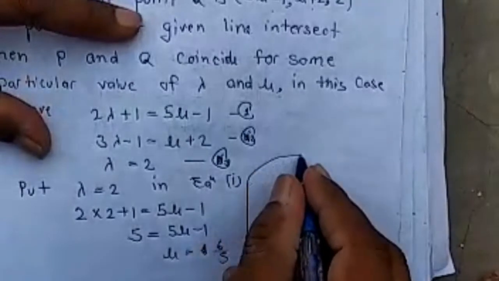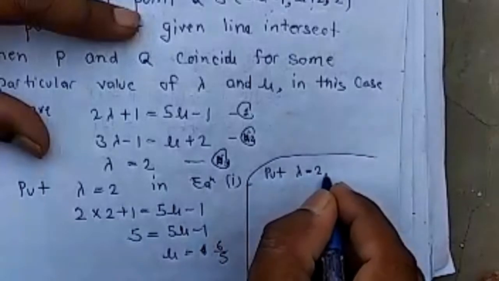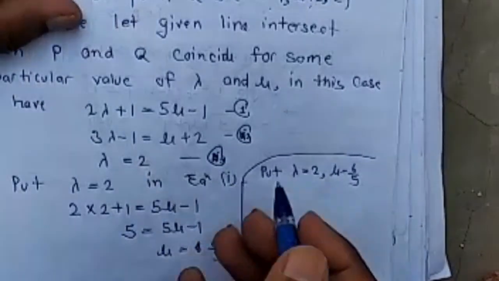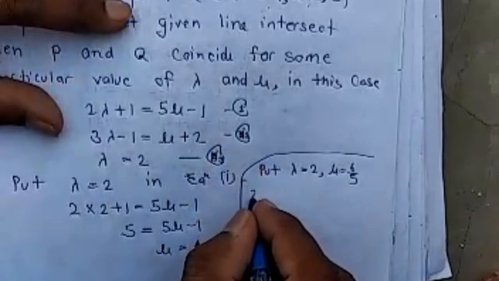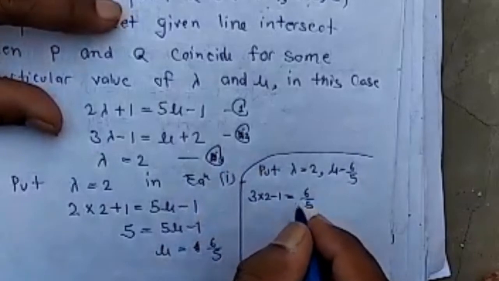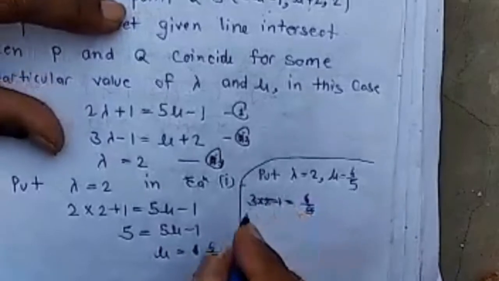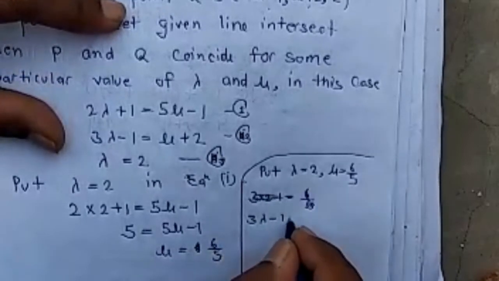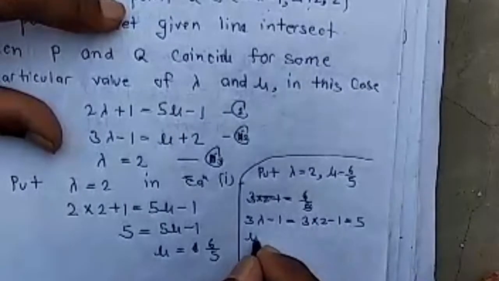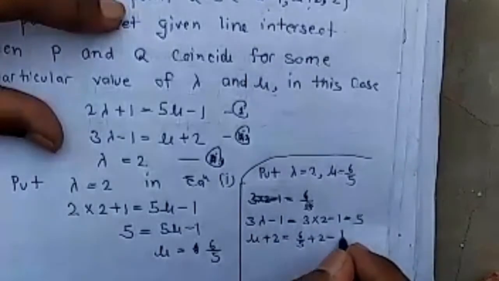Put these values in the second equation. It must be satisfied by these values. 3 lambda minus 1 is 3 into 2 minus 1, which means 5, and mu plus 2 is 6 by 5 plus 2, which is 16 by 5.